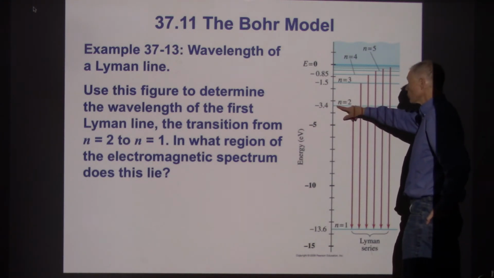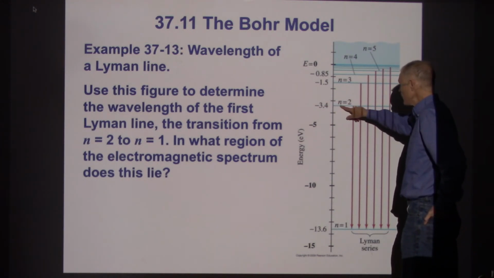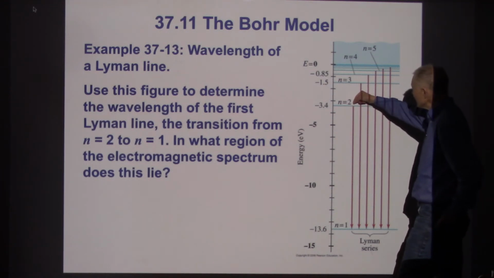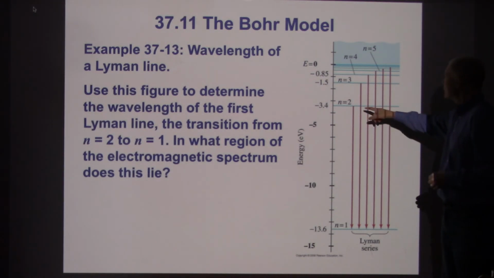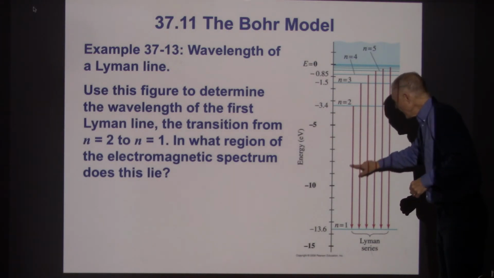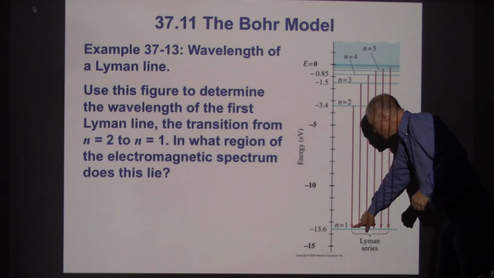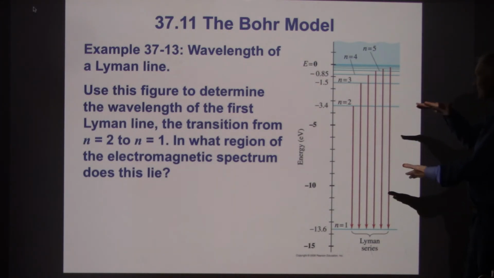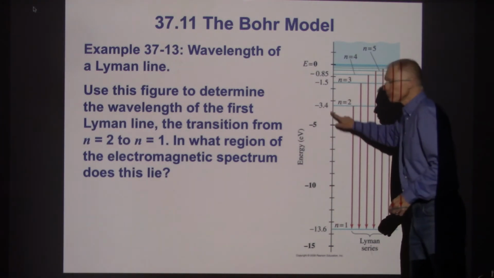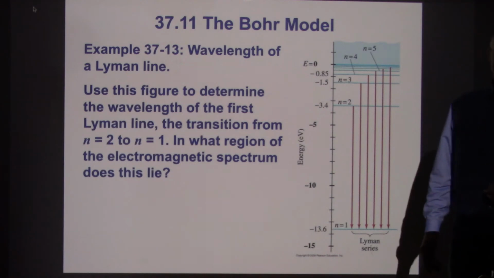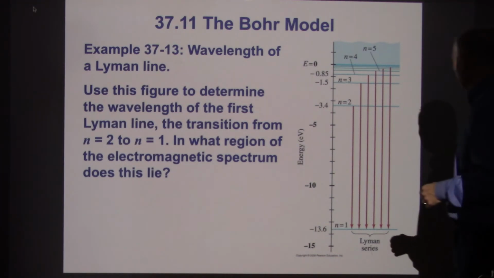The next lowest would be at minus 3.4. So if I have an electron in an excited state of n equals 2, and it transitions to state 1, that's a difference of 10.2 eV. And that's the energy of the photon that would be created for that transition.